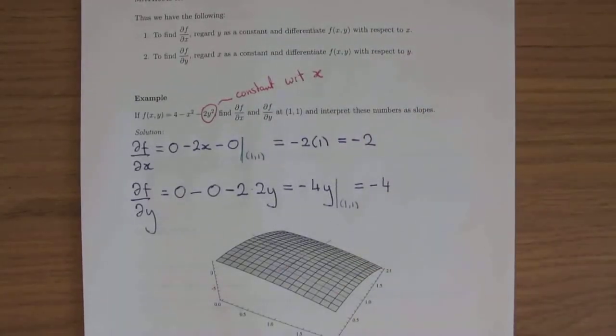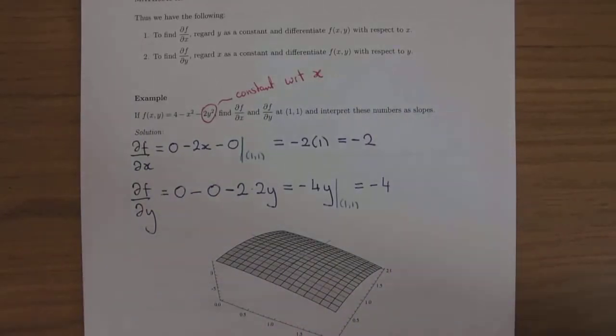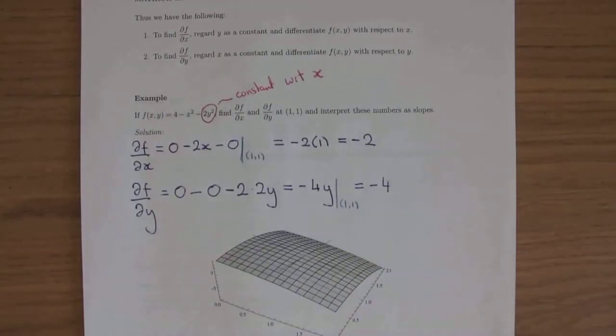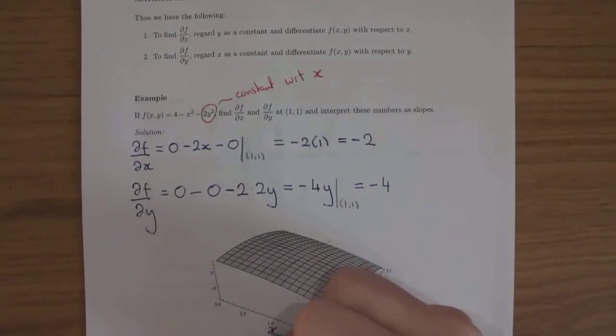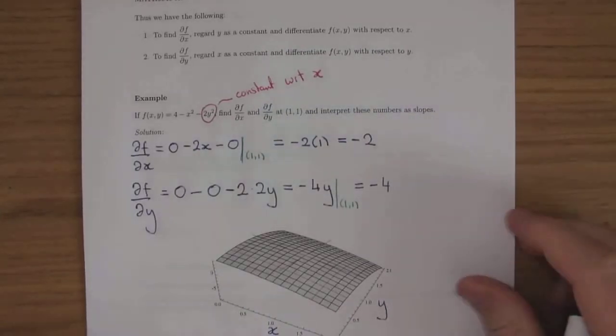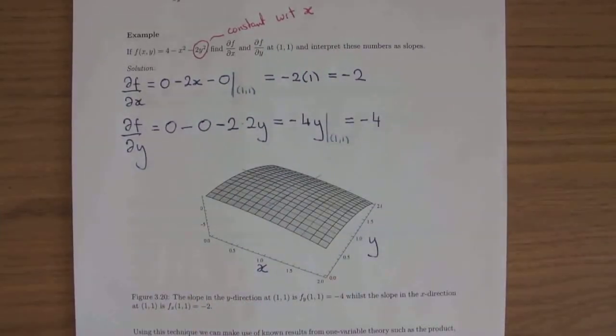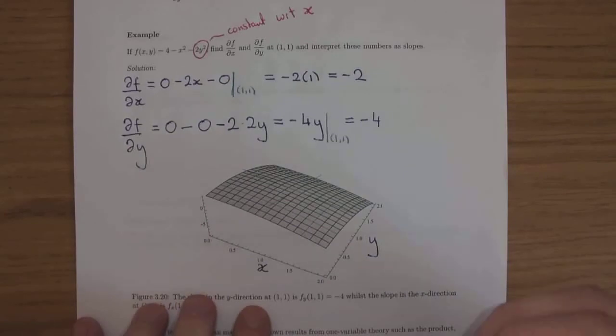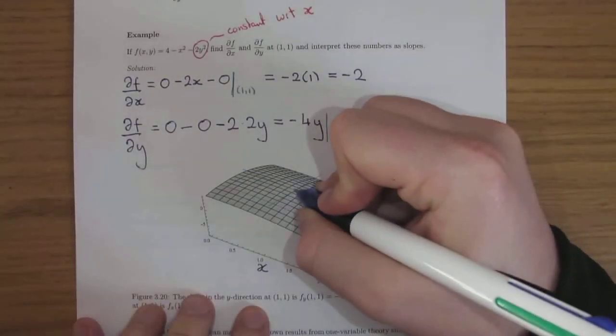Okay, so let's look at what's going on. So this is a little portion of the graph. I'm fairly sure this is the x-axis, and this is the y-axis. The point we're interested in is 1, 1, which is here.